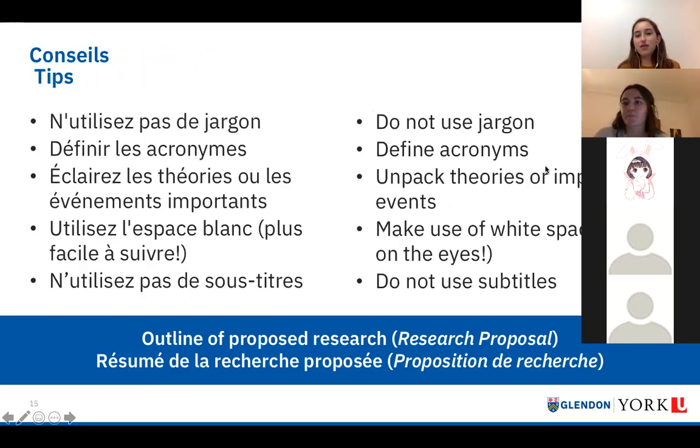Okay, so these are some tips that I was thinking about, especially in terms of thinking about the audience. We already mentioned this one: don't use jargon and acronyms, or if you do use an acronym, define it, because people won't know what you're talking about, right? This is a room of multidisciplinary scholars.